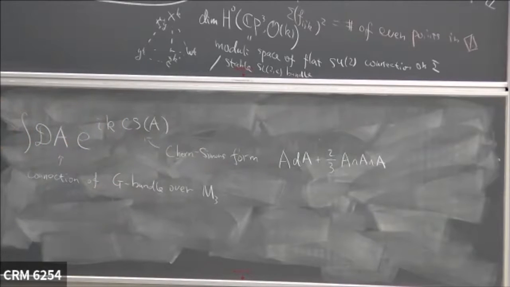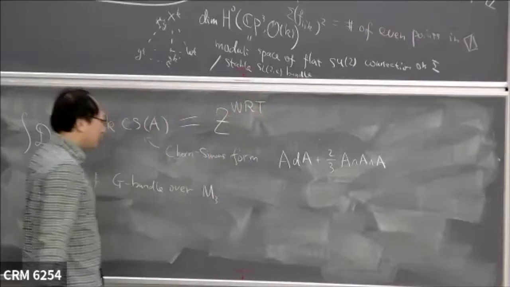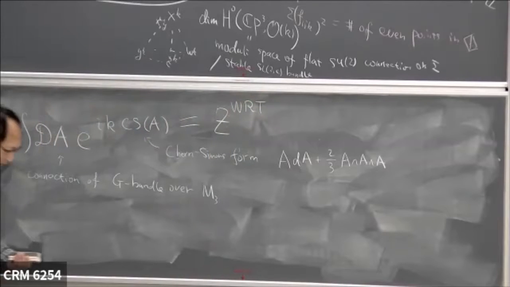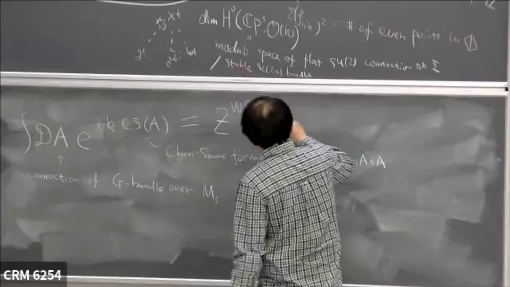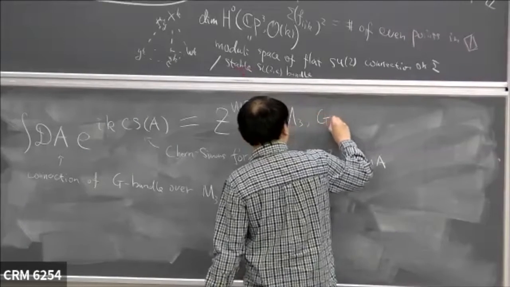If you perform this path integral, you are supposed to get invariants of 3-manifolds. That's the WRT invariant, WRT for Witten, Reshetikhin, and Turaev. It's the invariant of M3, and of course it also depends on G and K.